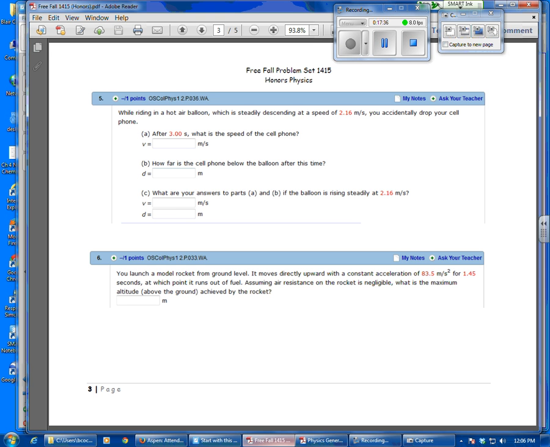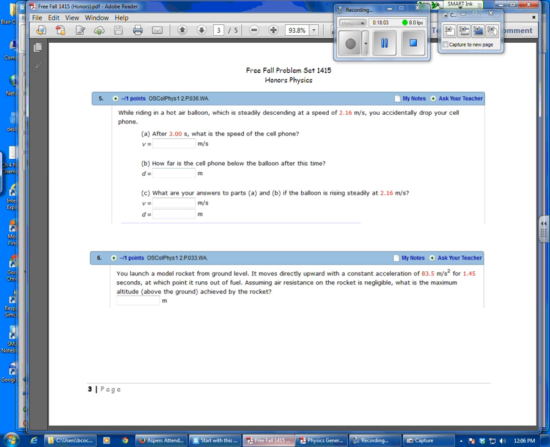So before, when we did a drop problem, we said the velocity when you dropped it was 0. Well, that's because the person who dropped it wasn't moving with respect to the Earth. They're just standing there. Here, if you're in the balloon and it's descending, and you drop something, its initial velocity is the same as the balloon, because it is 0 compared to the balloon, but not compared to the Earth.